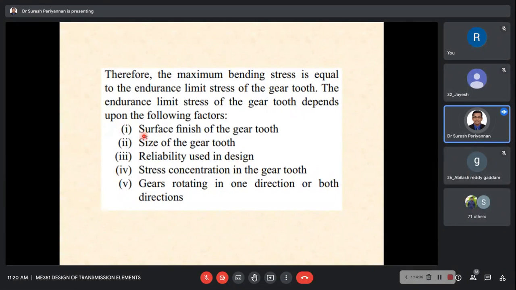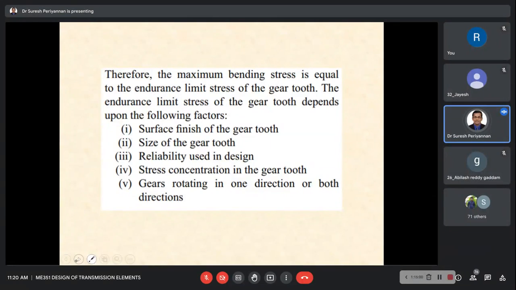One is improving the surface finish of the gear tooth, increasing the size of the gear tooth, reliable design, and avoiding stress concentration, right? These are the factors that can improve the endurance limit strength.